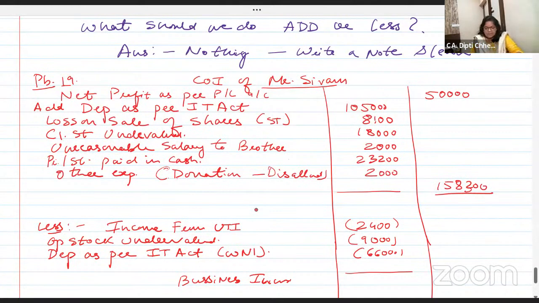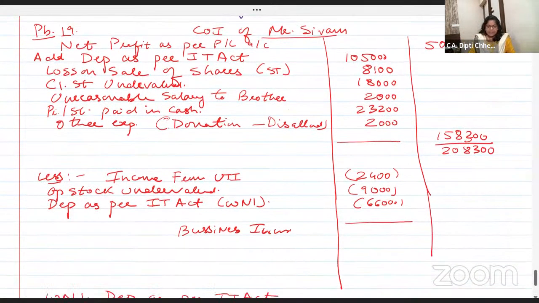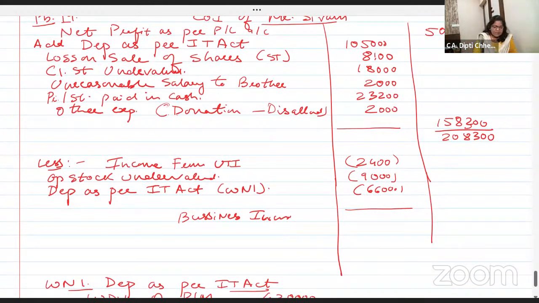Yes. Are you able to understand why I am doing? Pay attention to my explanation. Why I am doing add, why I am doing less. 1,30,900 is your business income.